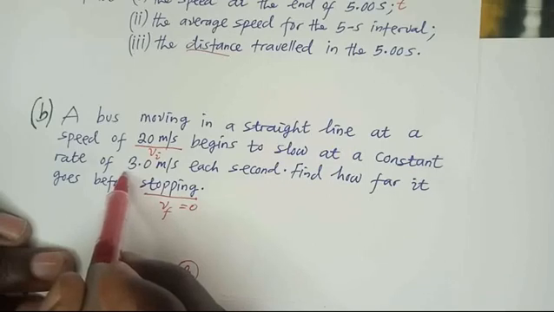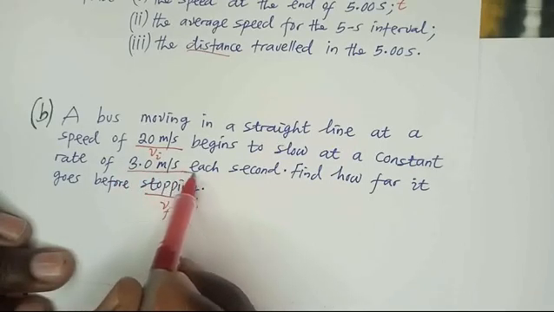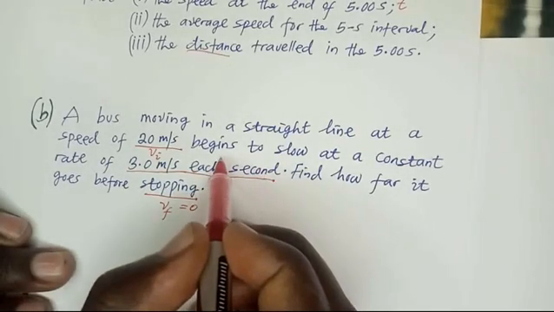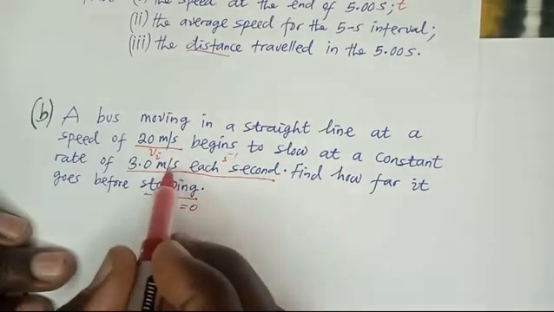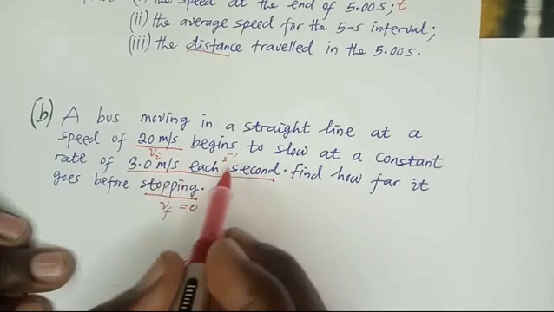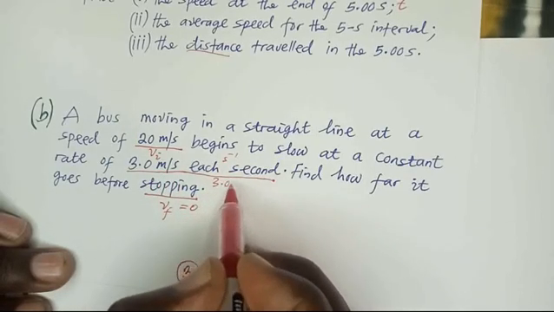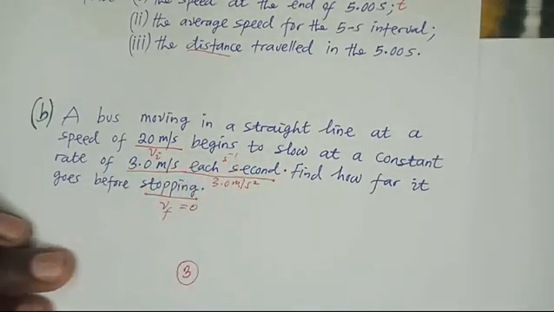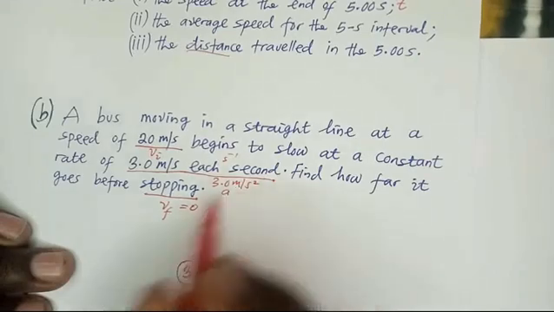They told you 3.0 meters per second each second, and this each second is also another per second. So if you combine it with this per second, it means 3.0 meters per second squared. So this is the magnitude of the acceleration.